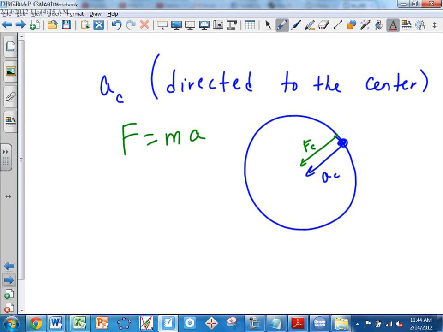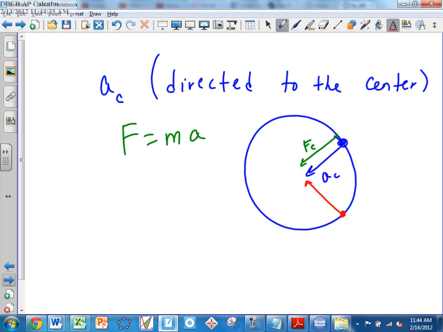I know we didn't write that yesterday, but I want to make sure we understand. Centripetal acceleration, centripetal force, they're both centripetal. They both act toward the middle. Depending on where you are, it'll be in a different direction. If you were down here, both your acceleration and your force act in that direction.